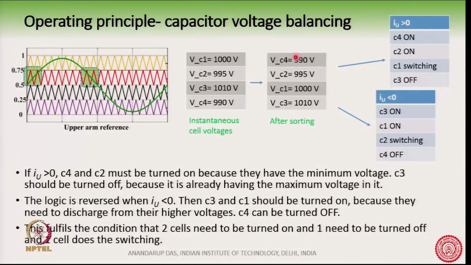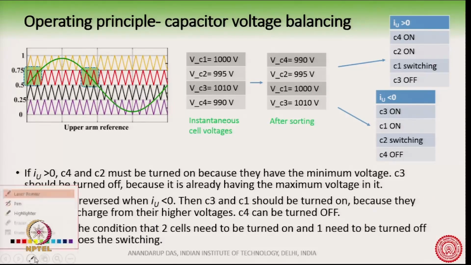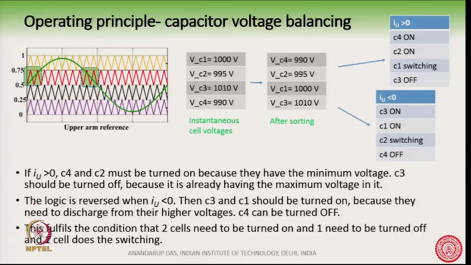After the sorting, we have found that this is the status of the capacitor voltages. C4 is minimum, C3 is maximum and C2 and C1 are in between. Now, if IU, that is the upper arm current, is positive, let me quickly draw it here somewhere.